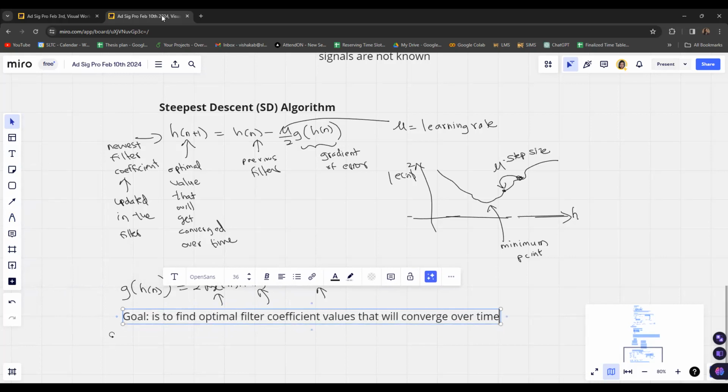Once we have converging filter coefficients, the filter coefficients convergence will enable the algorithm to be stable.